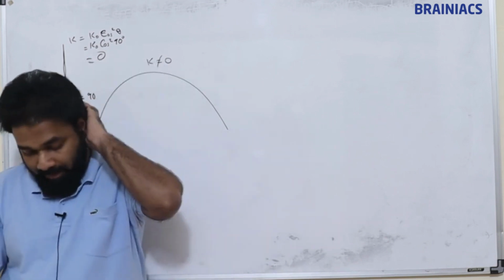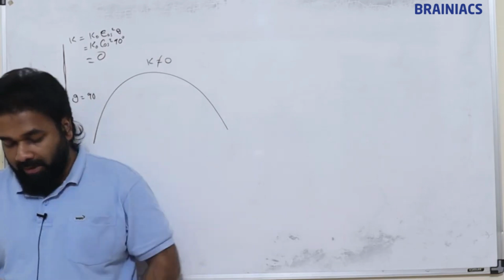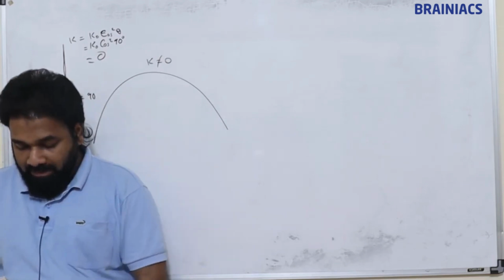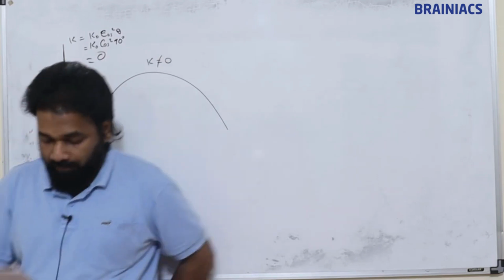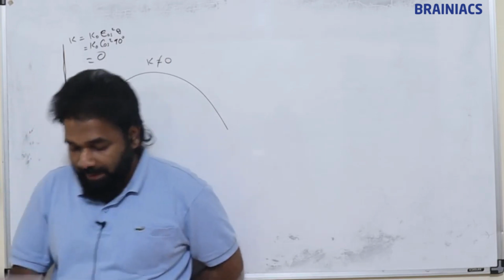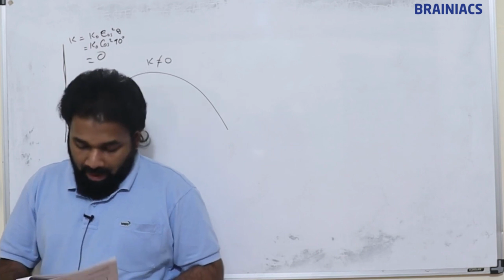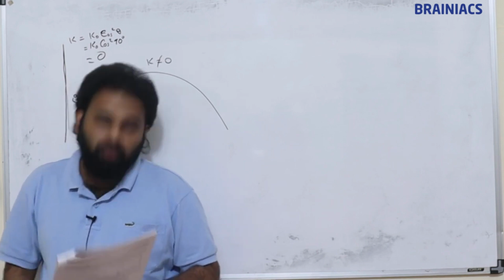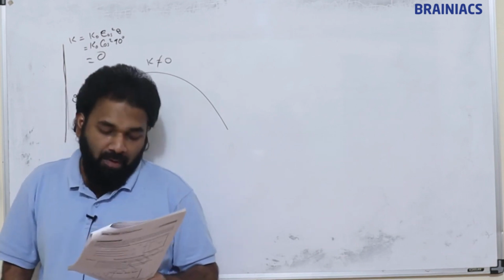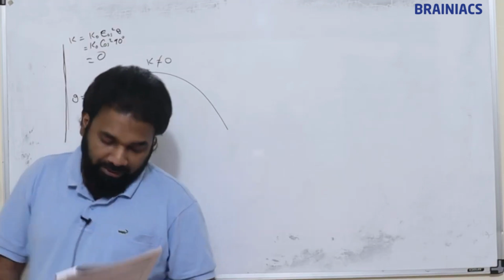Question number 10. A ball is thrown at an angle theta with the horizontal. Its initial kinetic energy is 100 joule and it becomes 30 joule at the highest point. What is the angle of projection?